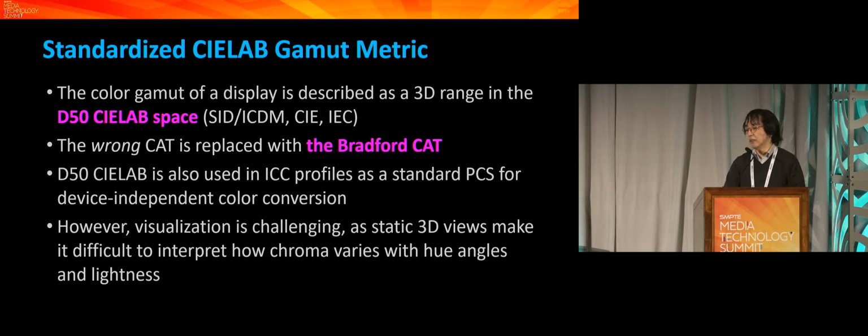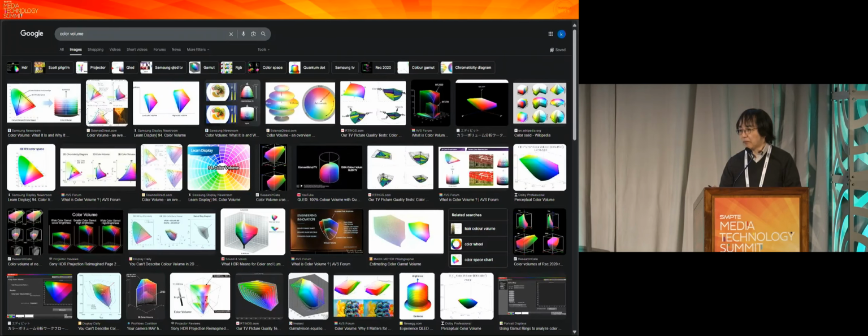And the wrong von Kries transform is replaced with the Bradford transform, and D50 CIELAB is also used in ICC profiles. However, the visualization is challenging. It's usually difficult to understand the size and shape of the 3D color gamut without rotating the 3D plot.